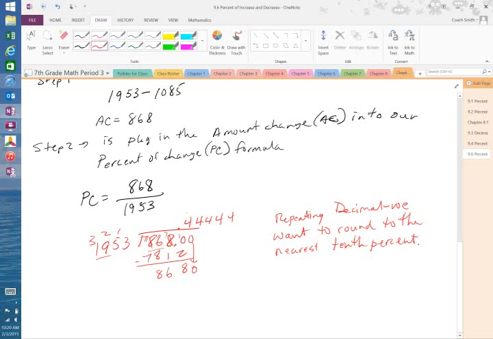Not to the nearest 10th, but the nearest 10th percent. There is a difference obviously there. So we want to round this, so we take 0.444, we move it 2 places to the right, gives me 44.44. I'm rounding to that 4, so I circle that 4. And so that gives me the percent of change is equal to 44.4%.